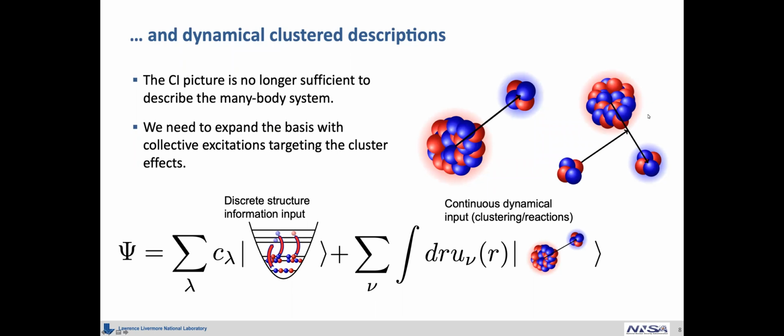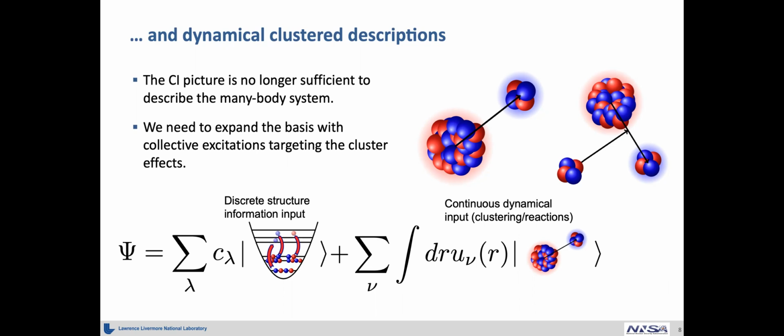And this is done, again, with the full A-body wave function. We construct these types of states. You can do this either placing the nuclei at varying distances from one another or in some definite relative motion to one another, which is sort of equivalent.